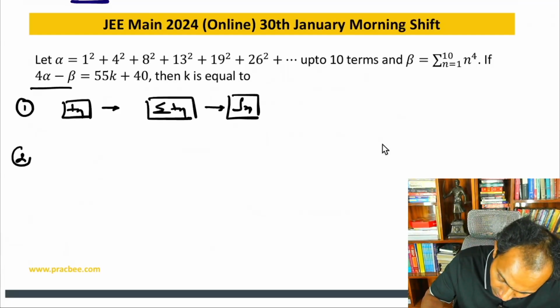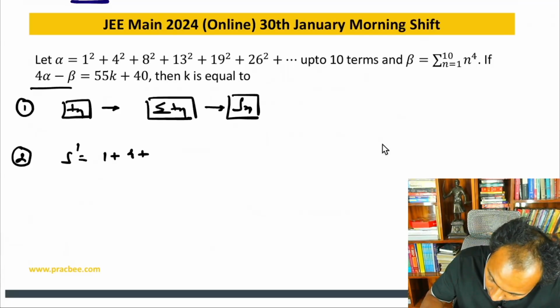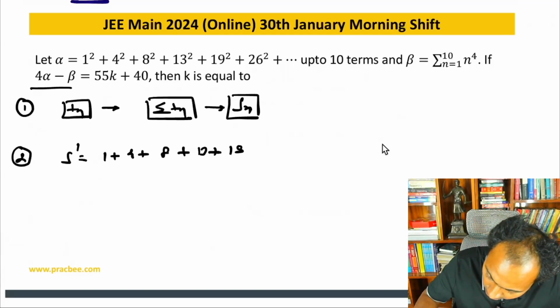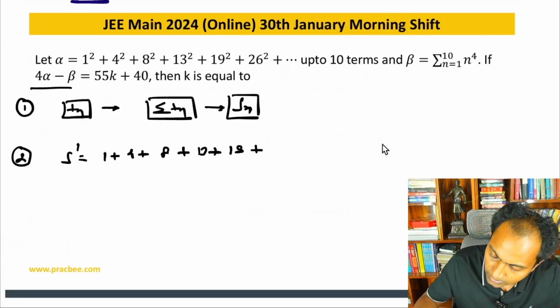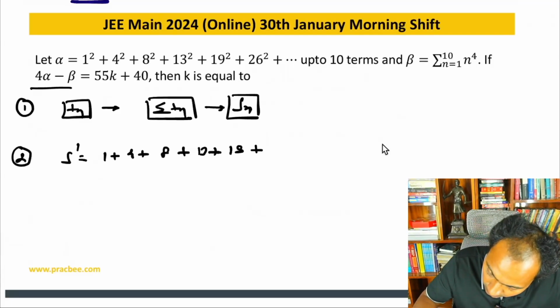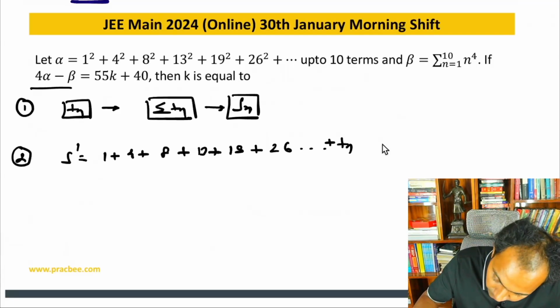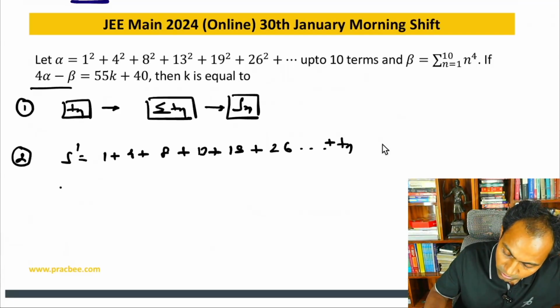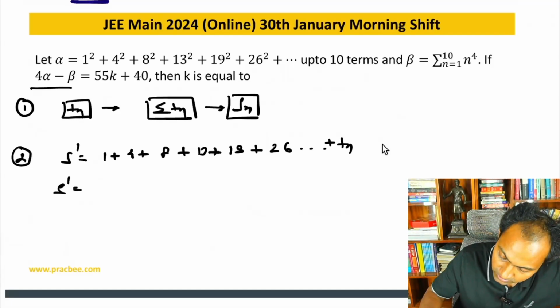So what I am doing is writing a new series. This is S dash, and it looks like this, the same term but without the square part. I am doing this to figure out the value of Tn because only then will I be able to apply the summation. So I have written this series up till Tn. Now, in order to find Tn, we will shift the same series.